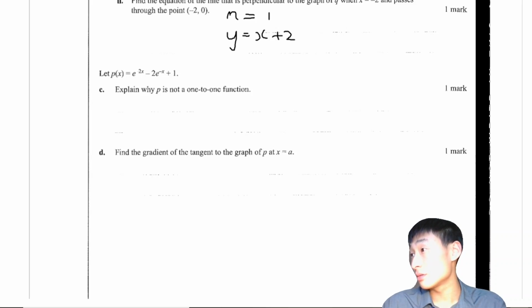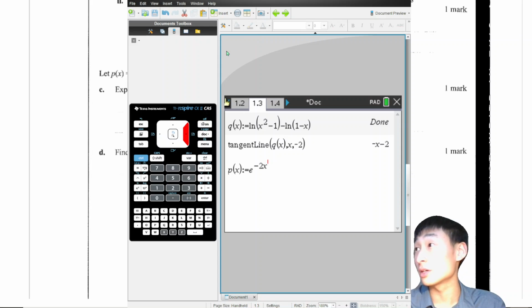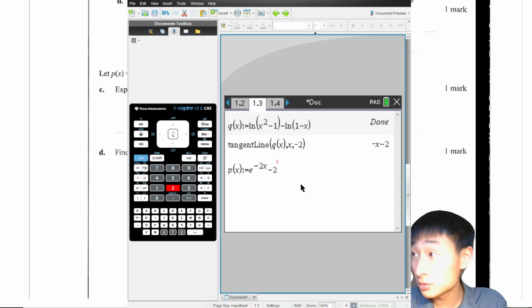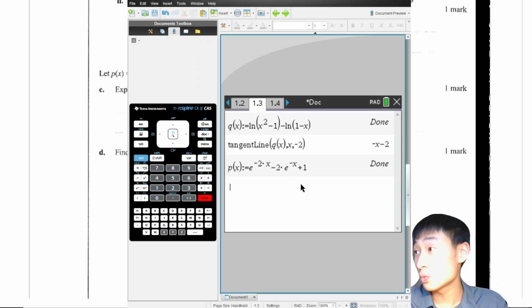Okay, you guys can't see that again. I'm so bad with this. What I did was I graphed it, and the graph looks like that. It's -2x minus 2 times e to the power of -x plus 1.